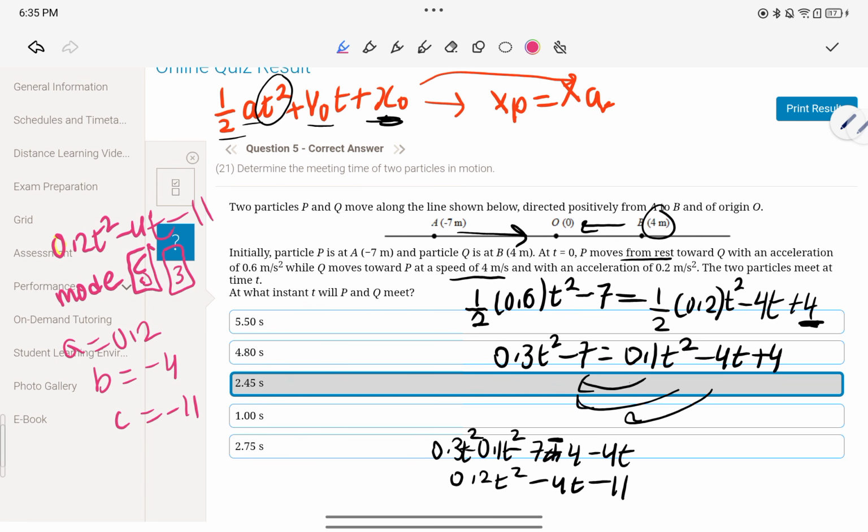Sorry guys, there's a mistake. Yeah, it's plus 4. Look here, when we move it, it's going to be 0.3 minus 0.1 t squared. Here t squared also.